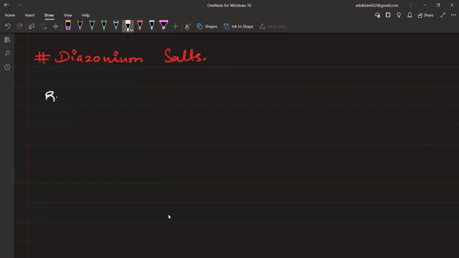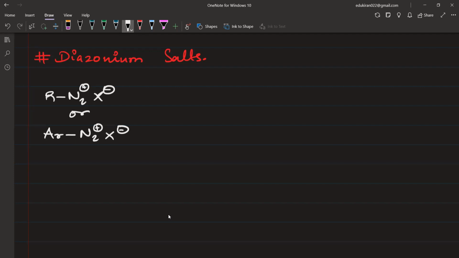They can be alkyl diazonium salts, RN2 positive, X negative, or aryl diazonium salts, with a benzene ring, N2 positive and X negative. Now this X can be different groups.